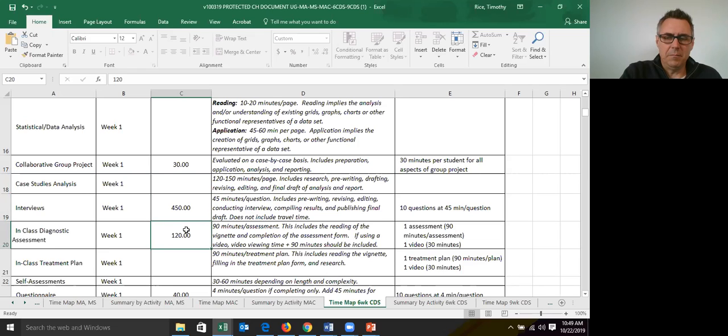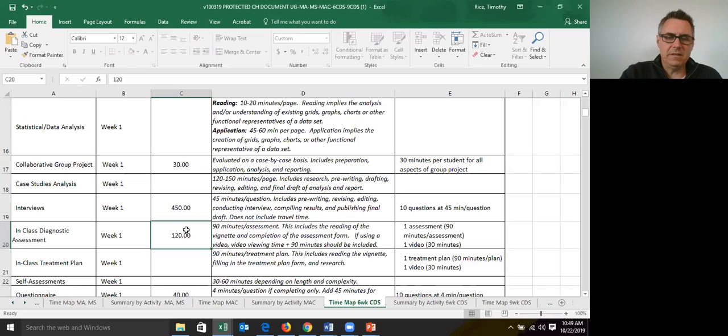Next, looking at the actual in-class diagnostic assessment. Now, with a diagnostic assessment, it's basically their pre-tests that serve as a barometer for how much preloaded information a student has about a topic. It really does help faculty members see how much the student may know or not know about a topic.